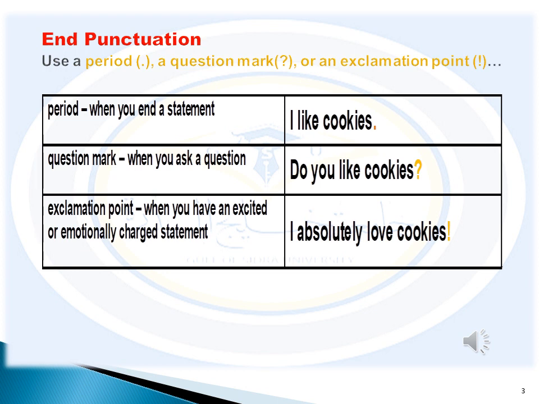Do you like cookies? So the final mark is the question mark. It tells us that we have a question. When we end statements in general we use a full stop or period, and in a question we use a question mark.